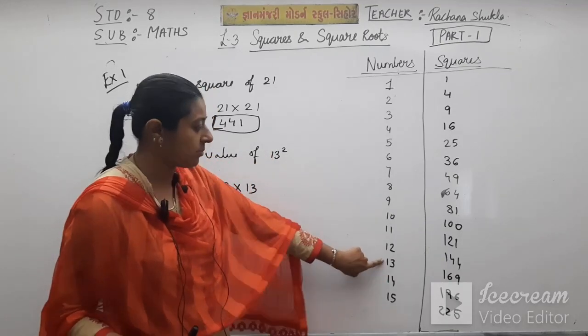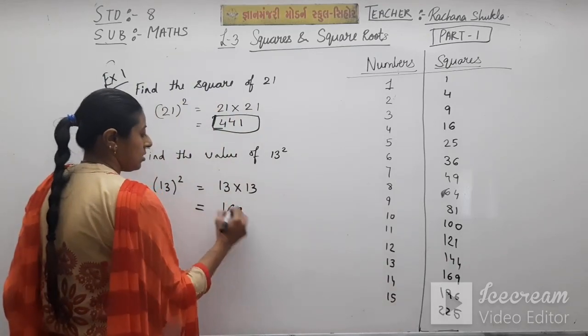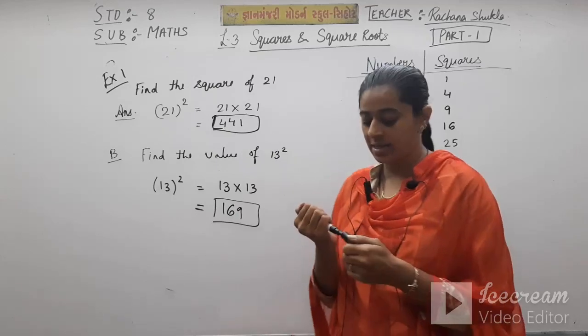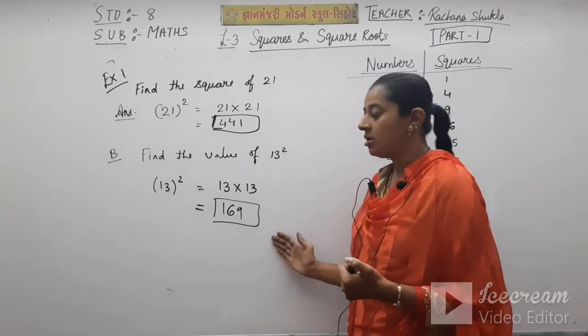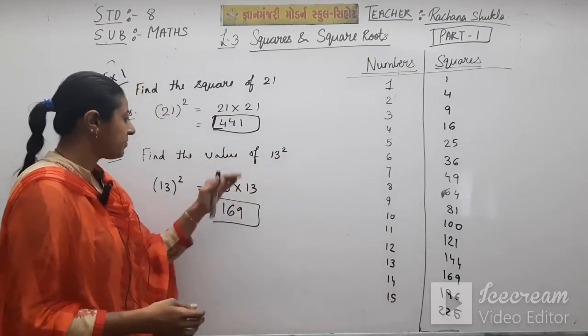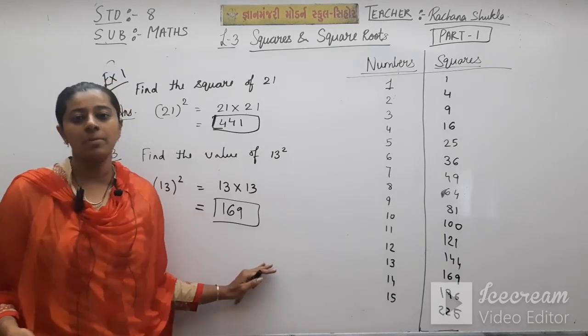So directly from here 13 13s are 169. Your answer is 169. Very easy sums, very easy chapter, students. So learn properly or revise properly this chapter. 13 13s are 169. Please note down in your example book.